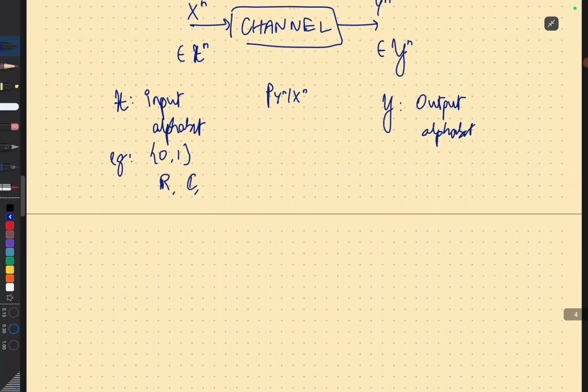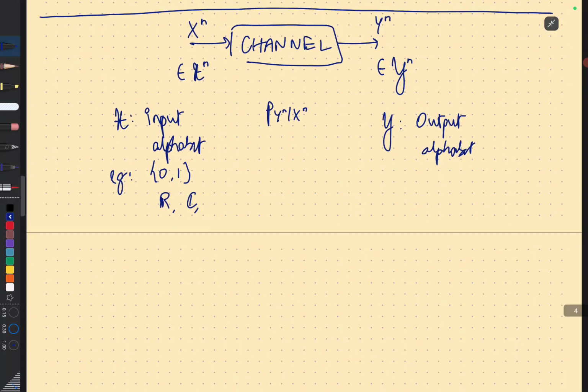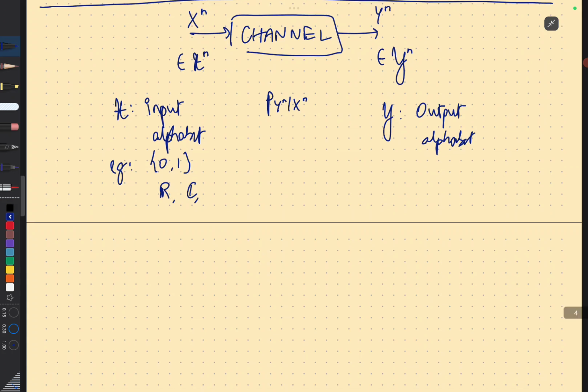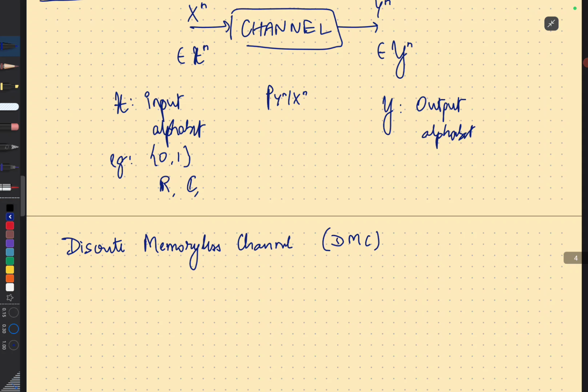All right. And at least for now, in this course, we'll only focus on the so-called discrete memoryless channels, abbreviated as DMC, which is, discrete essentially means discrete time, and P(y^n given x^n) is just the product of the per-symbol conditional distributions.